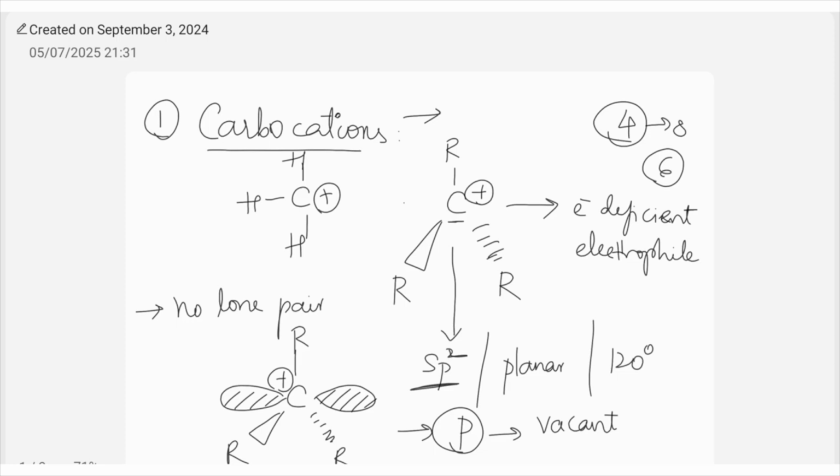Now let us see what are the reactions in which carbocation can be formed. Let us see 1 or 2 examples where the carbocation can be formed. So first is the solvolysis of the C-X bond. Solvolysis is nothing but using a solvent to break the bond between carbon and X. Since we cannot always take carbon directly, we take the R group. So our R-X bond is broken by using some solvent.